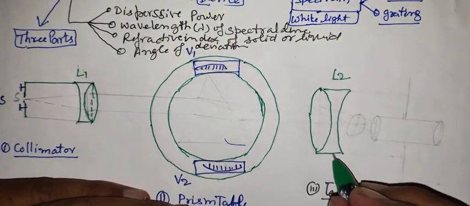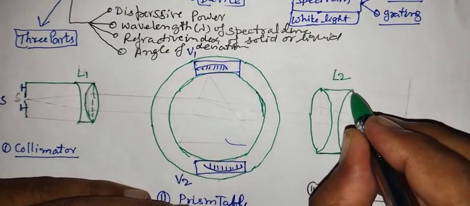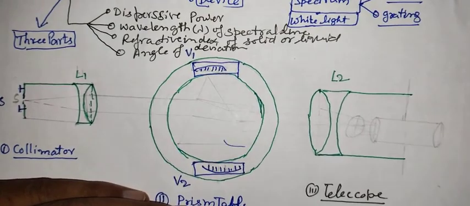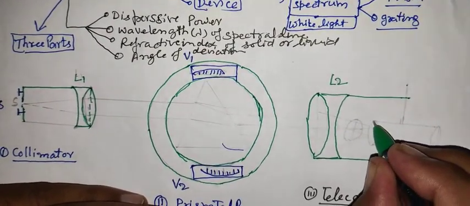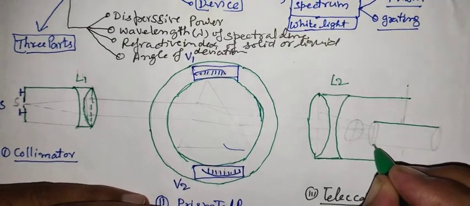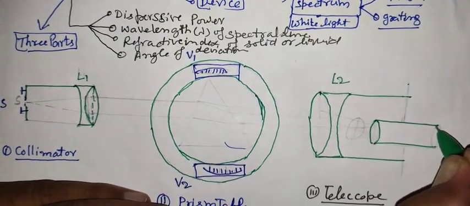This achromatic combination is fixed here in a tube. In this tube there is an eyepiece. This is the eyepiece.